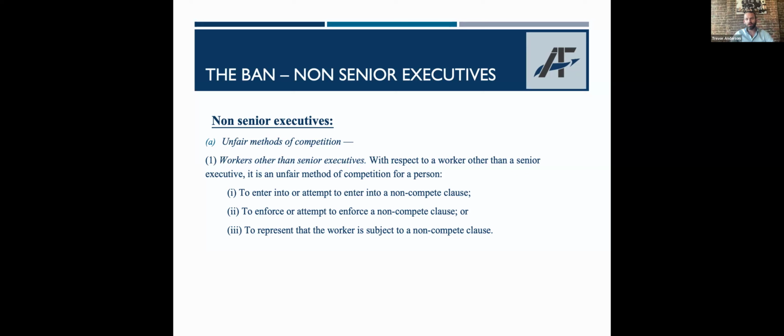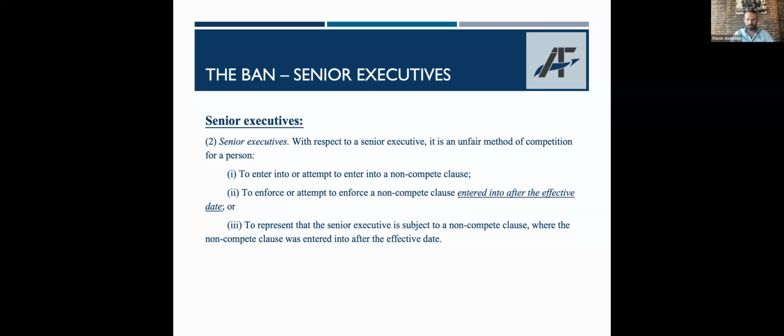All right, now the bifurcation of employees. We have non-senior executives, that's what we've got here, and then senior executives. So the prohibition remains largely the same. The only difference is that if a non-compete for a quote senior executive was entered into prior to the effective date, so prior to September 4th, that actually will be enforceable under this rule.